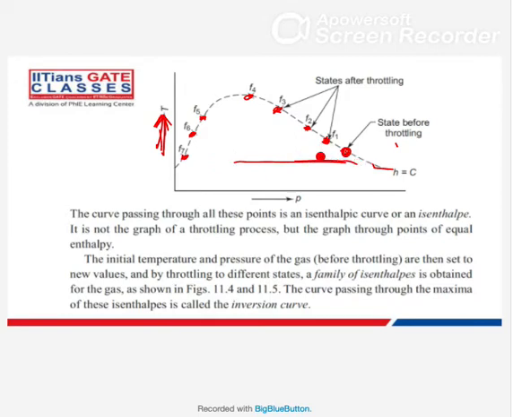If your initial condition is here and you expand by a very small amount, the temperature may increase instead of decreasing. But let's say your initial condition is somewhere here, and if you expand by even a very small amount, you are very sure that the temperature will decrease, is it not?